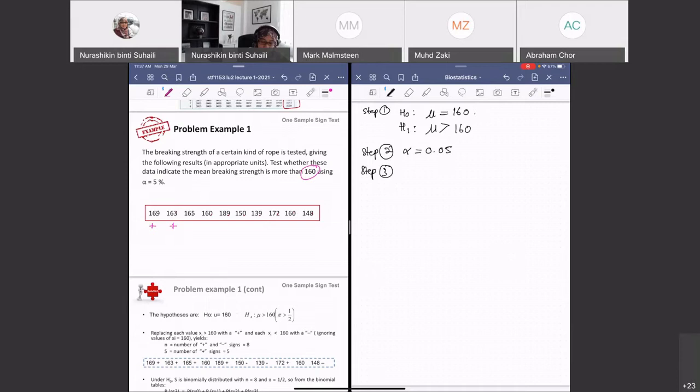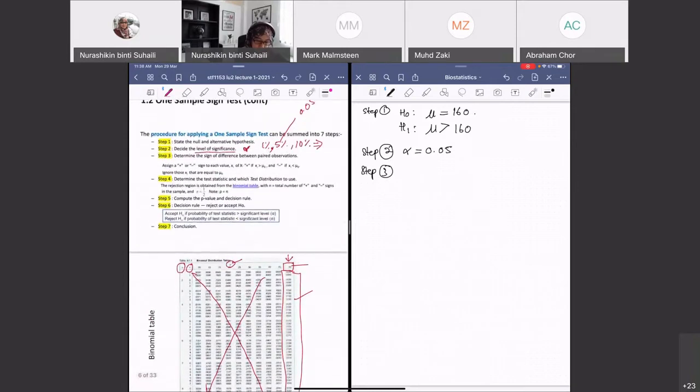This one is the same, so you don't assign any sign. 189 and 160, positive. 150 and 160, negative. This one is equal, no sign. 148, negative. Is it correct, guys? Correct. So that is what is meant by step 3, determine the sign of difference.